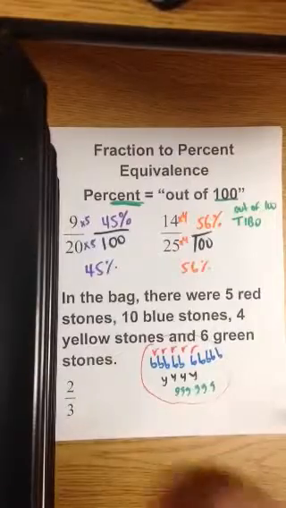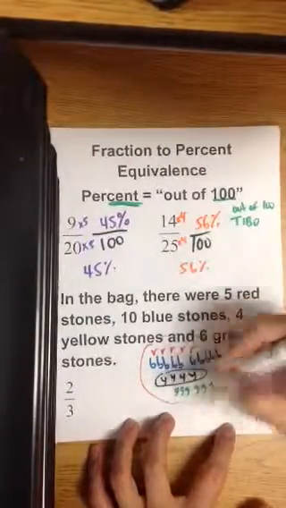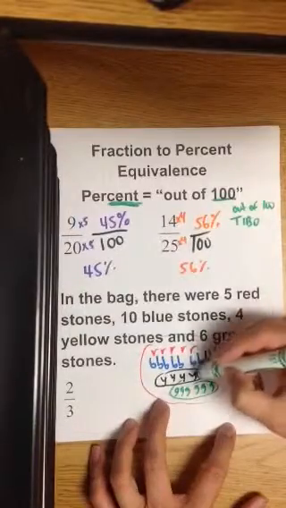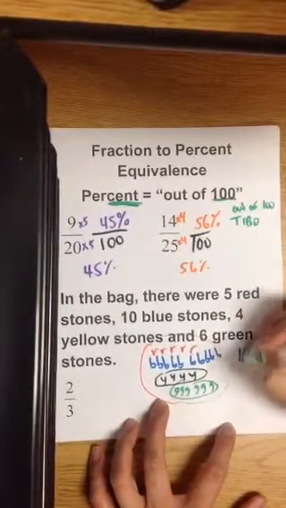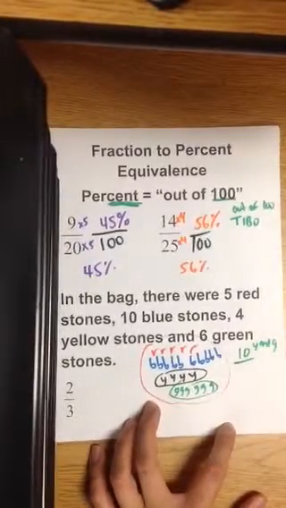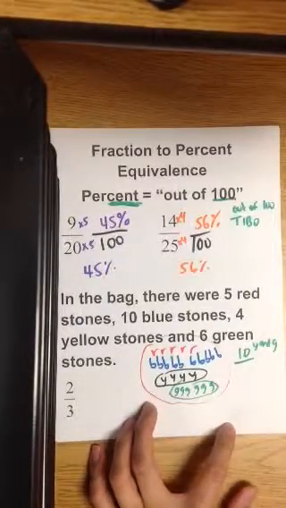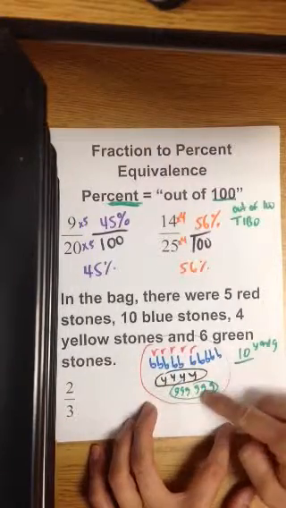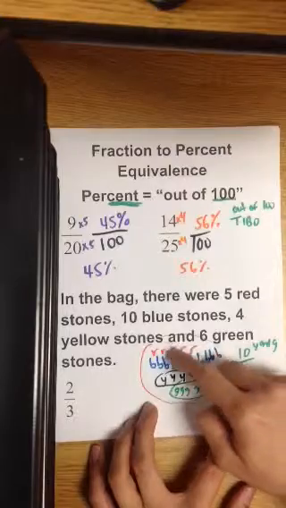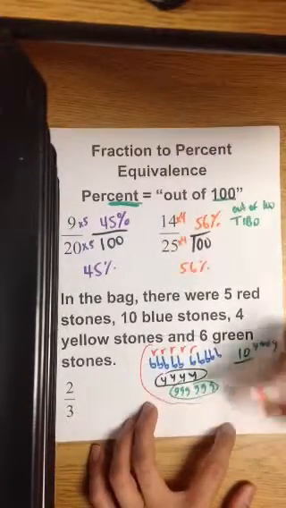Let's count the yellow and green. There are 4 yellow, 6 green. That means 4 yellow and 6 green adds up to 10 yellow and green. So it's 10 yellow and green out of how many in the bag? Well, do we know there's 10 here? 11, 12, 13, 14, 15, 16, 17, 18, 19, 20, 21, 22, 23, 24, 25.